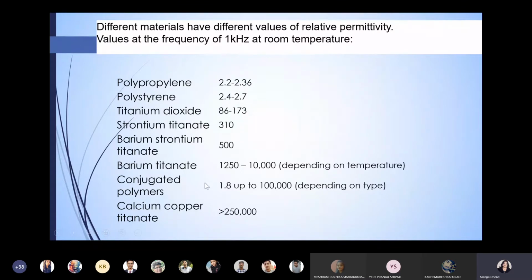Then barium titanate conjugated, so much higher, 10,000. Conjugated polymers are also very high. Then calcium copper titanate, you can see, has very high permittivity. These are also materials used in capacitors, and the permittivity is given at a frequency of 1 kHz.